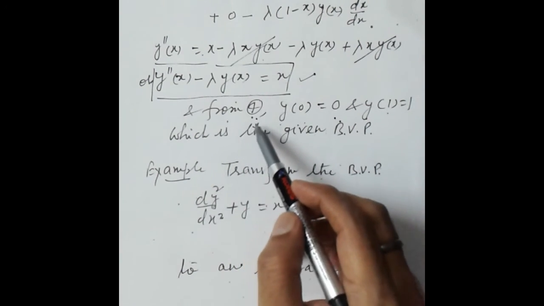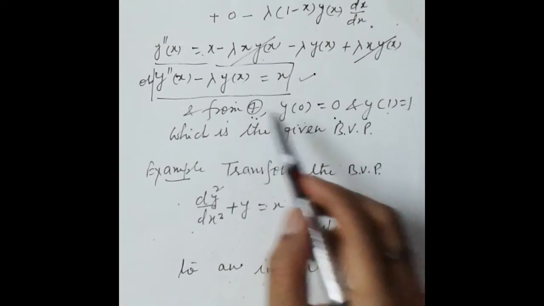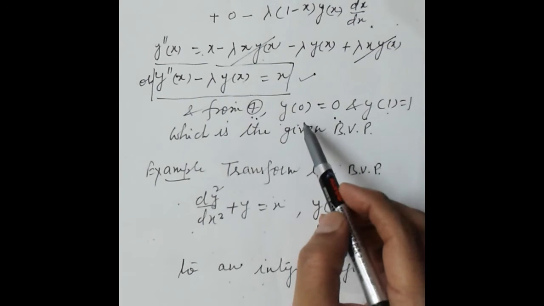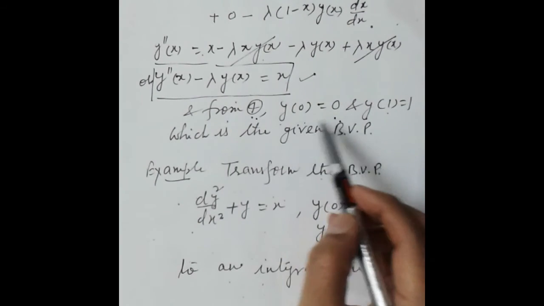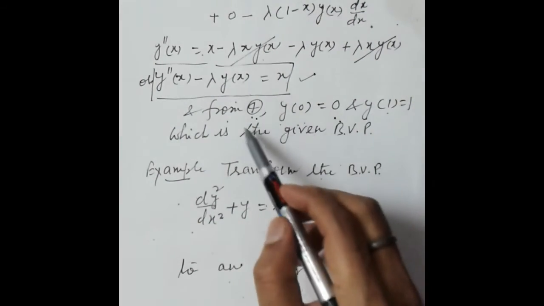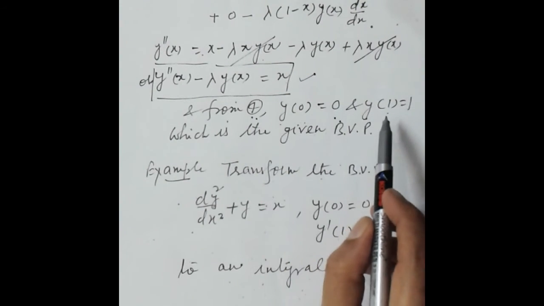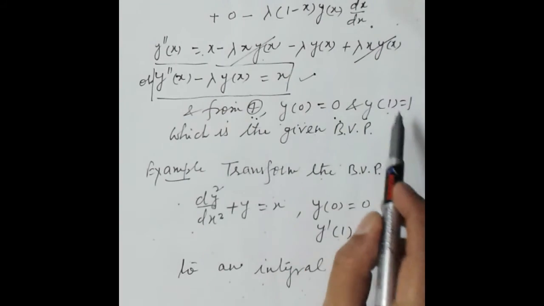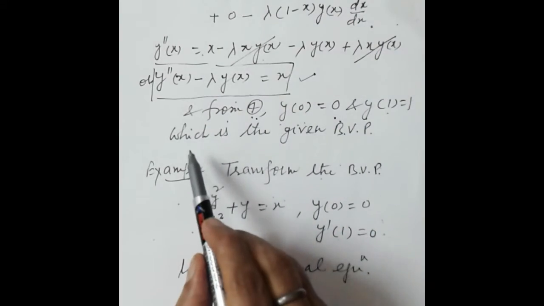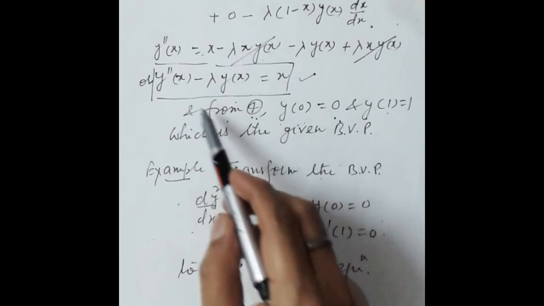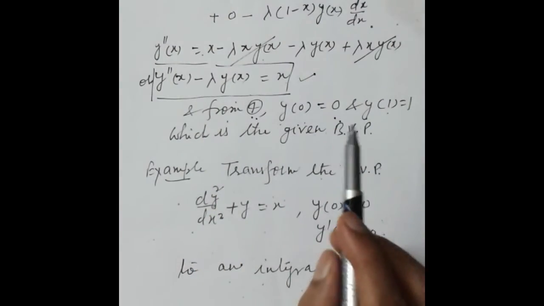Now in equation 4, if we put x equal to 0, then we have y(0) = 0, and if we put x equal to 1 in equation 4, then we have y(1) = 1. These are boundary conditions, which is the given boundary value problem.